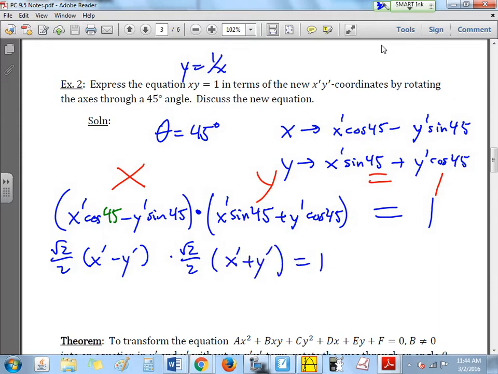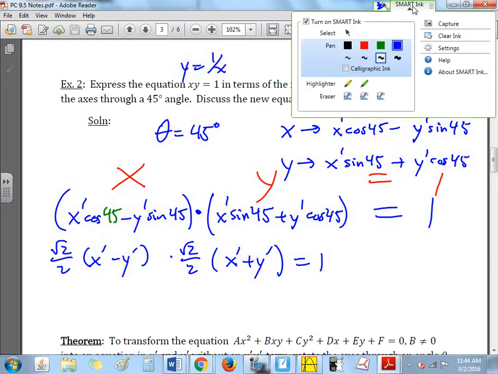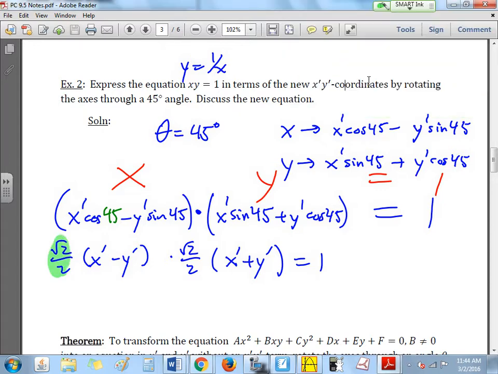And what's root 2 over 2 times root 2 over 2? What do you get when you multiply the rad 2's together? Not 2. Rad 4 over 4 is? 2 over 4 is 1/2. Okay, so those guys become halves.